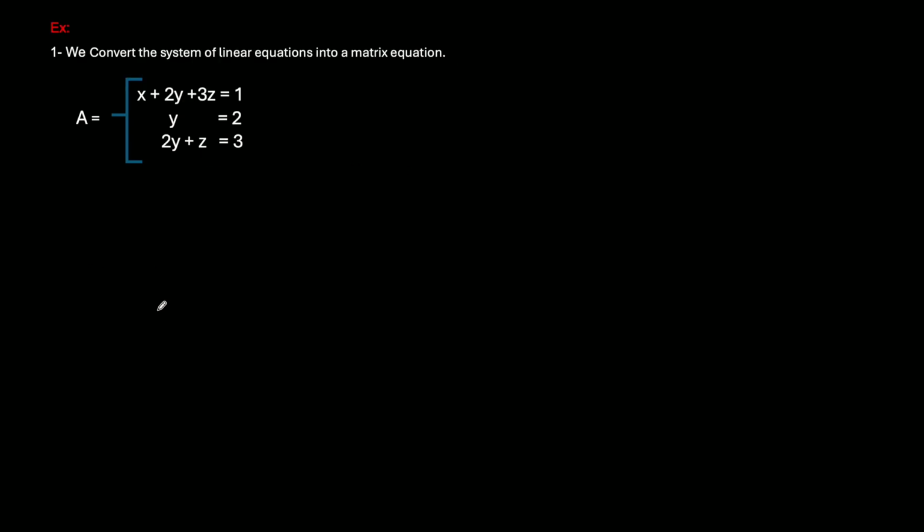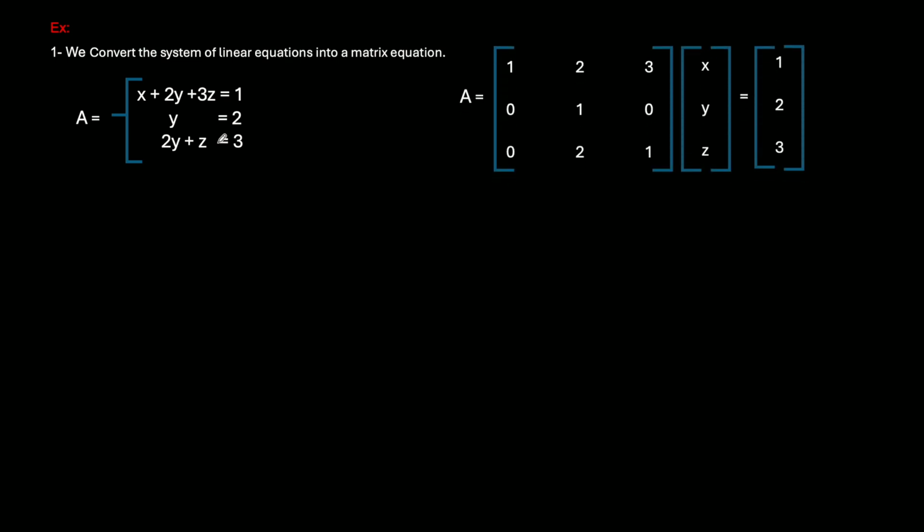Let's continue with this example. So here we see that we have 3 variables, x, y, z. As we said, the first step is we convert the system of linear equations into a matrix equation. So here we don't have anything, this means 1, so we put 1 here, then 2, and 3.